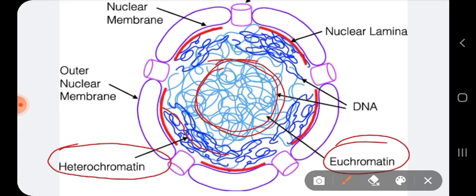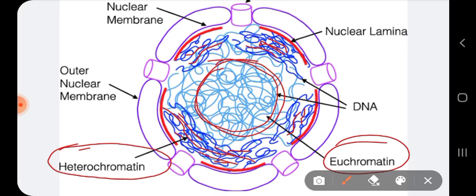The heterochromatin are the more coiled form. Heterochromatic regions are more coiled structures which are inactive in the replication and transcription process. But when they become more coiled, they become chromosomes, thick ribbon-like structures called chromosomes.